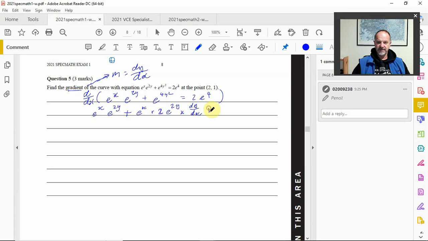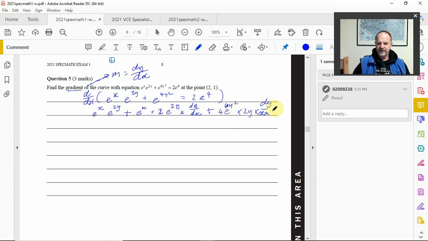Similar with this term, the derivative of that is 4e to the 4y squared times 2y times dy/dx. The 2y comes when you differentiate the y squared.